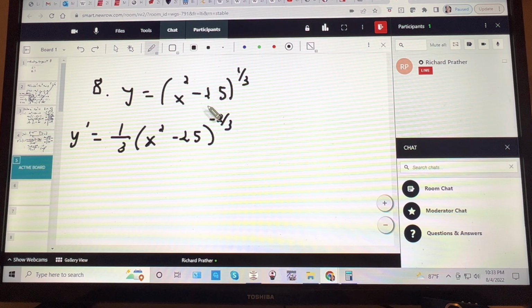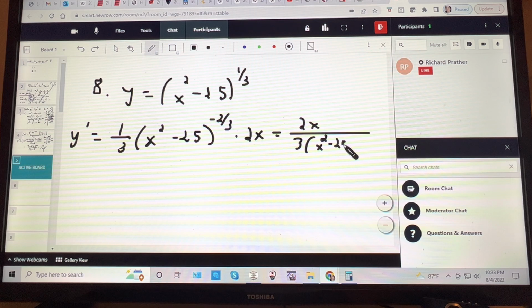And then derivative of the inside would be 2x. So I could have a 2 and an x in the numerator right there. The denominator would definitely have this 3. And then we could drop this to the bottom, which would make it +2/3.